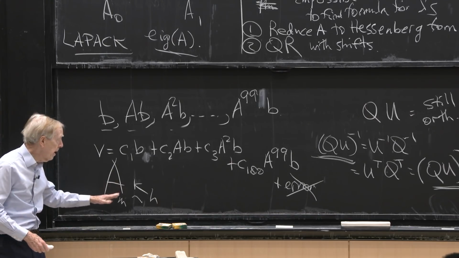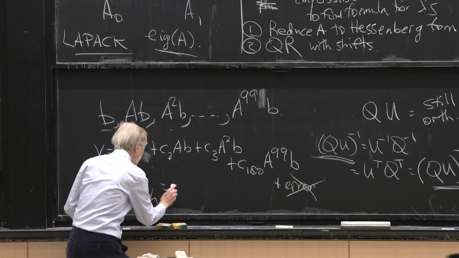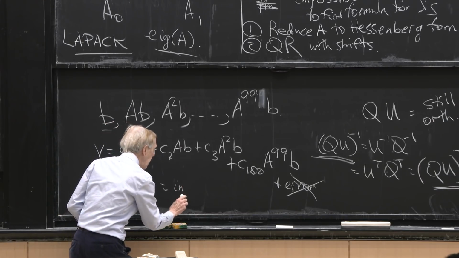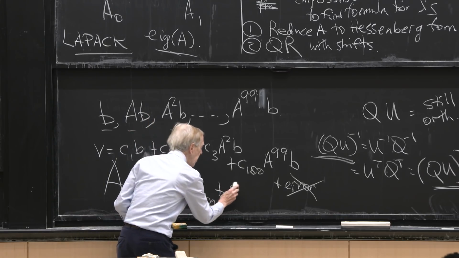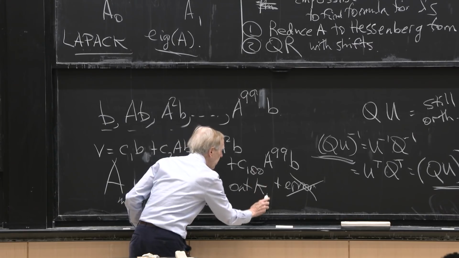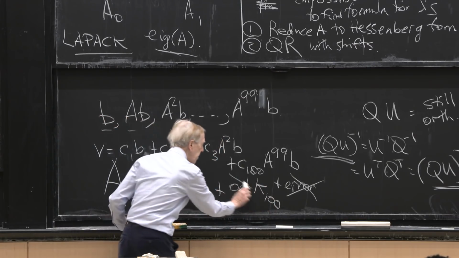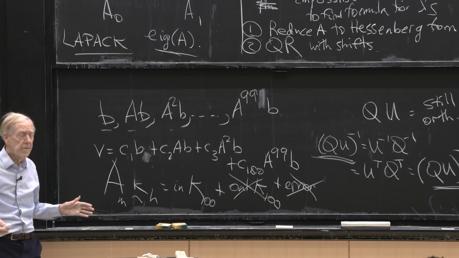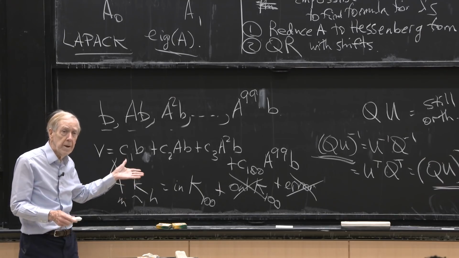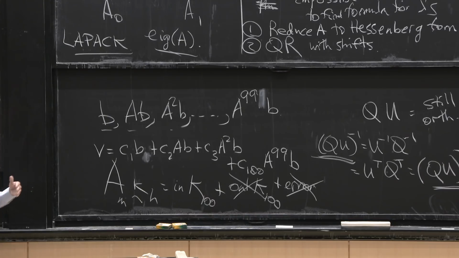So when I multiply by A, it'll be partly in the Krylov space, K100, and a piece out of K100. And I just ignore that part of the matrix. So I have a 100 by 100 problem, and I find the eigenvalues, and they're a pretty good approximation to, hopefully, the lowest 100 eigenvalues.